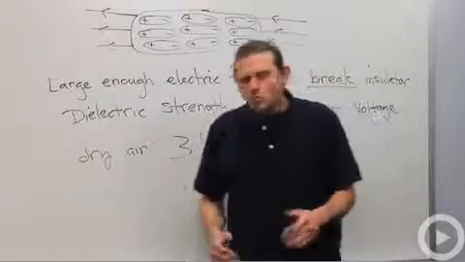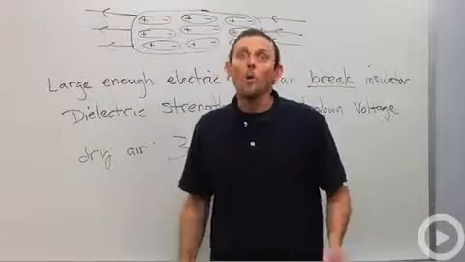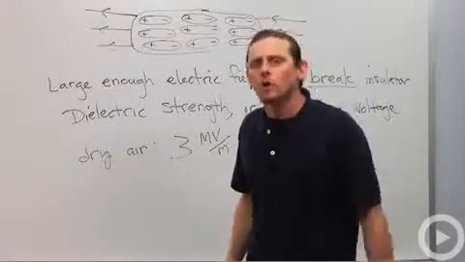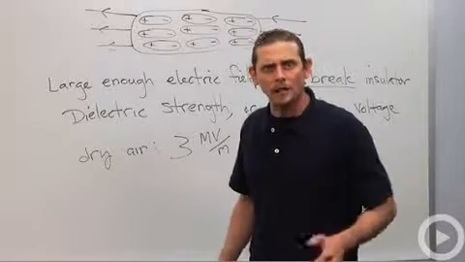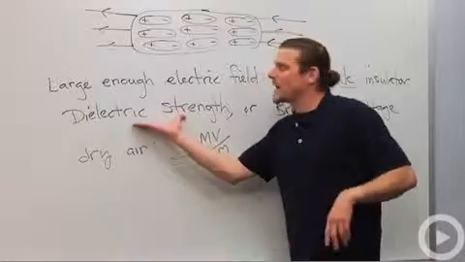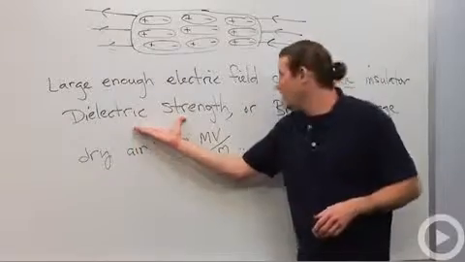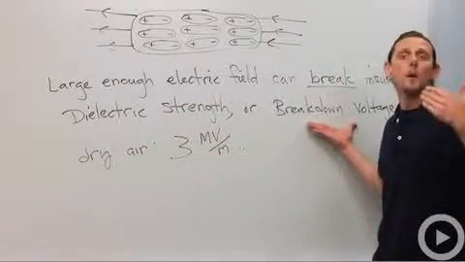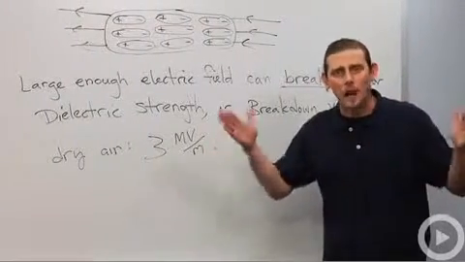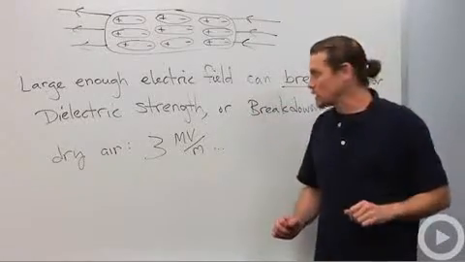All right, now, we've said that insulators or dielectrics do not conduct charge. Well, that's true unless we force them to. If we put a large enough electric field on an insulator, it will conduct charge. This is called the dielectric strength of the dielectric or of the insulator, or sometimes people call it the breakdown voltage, the amount of voltage that you need to apply across an insulator so that it will conduct electricity.